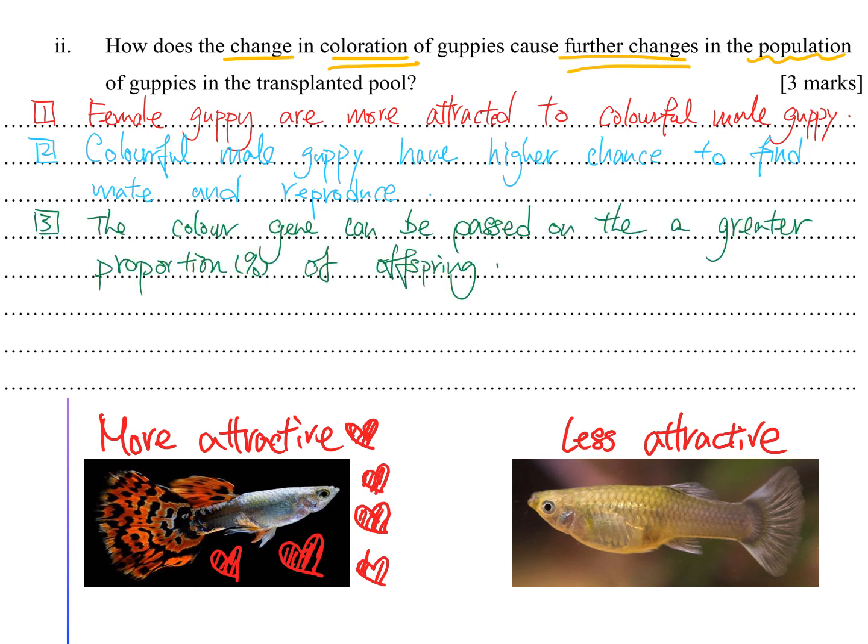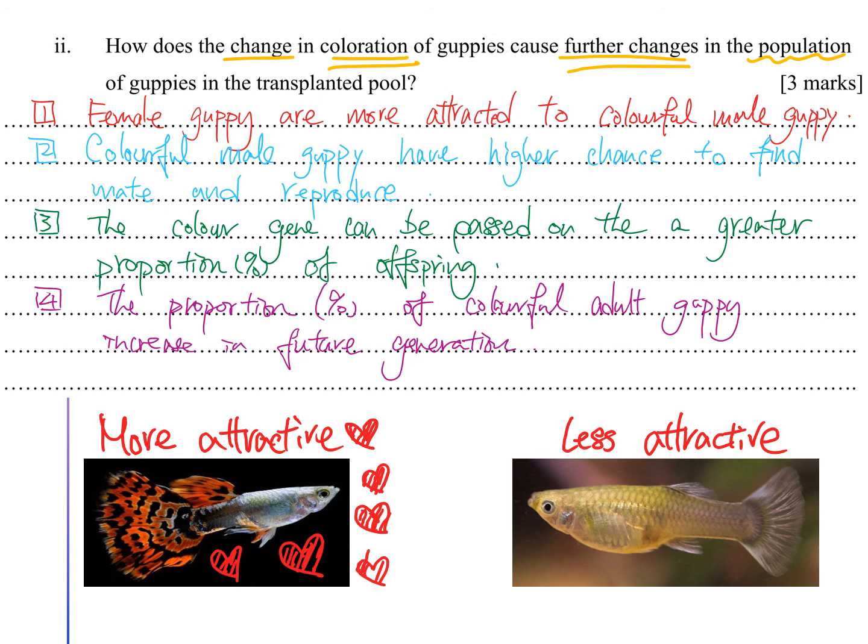When they give offspring, the colorful gene can be passed on to a greater proportion of offspring. That means many of the offspring now contain the colorful gene. The proportion of colorful adult guppies in the future will increase as well.